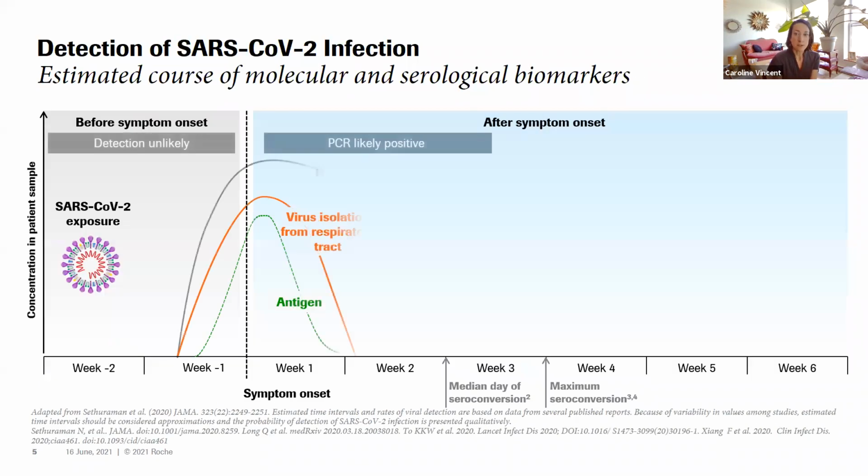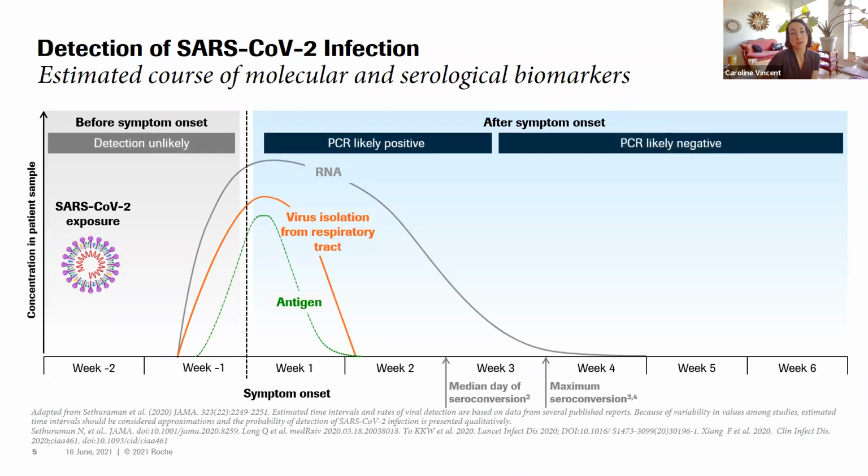This figure here shows the course of molecular as well as serological biomarkers, both during and after an infection by SARS-CoV-2. During the acute phase of the infection, the presence of the virus in the respiratory tract, as I mentioned in the previous slide, can be detected by either PCR or antigen testing.